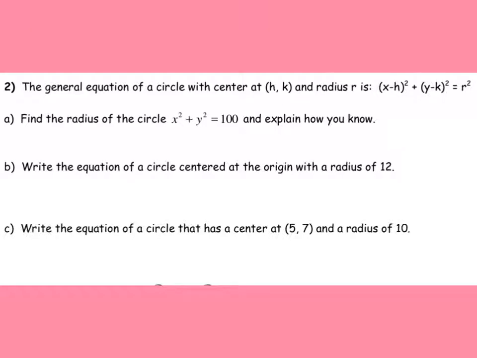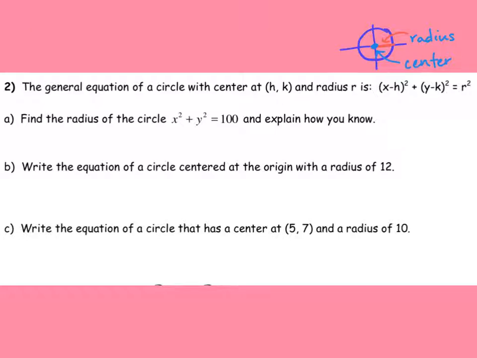So if we're looking at a circle on a graph, this distance right here is our radius. And then h, k, that is our center. So basically what we'd be doing is taking that circle and moving it around the graph given a radius that matches it.